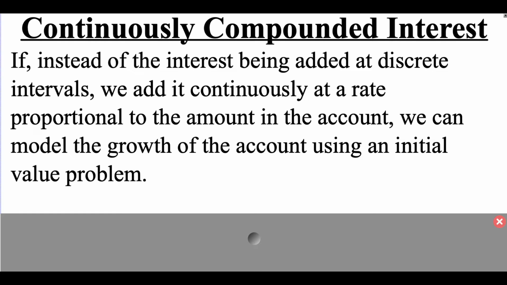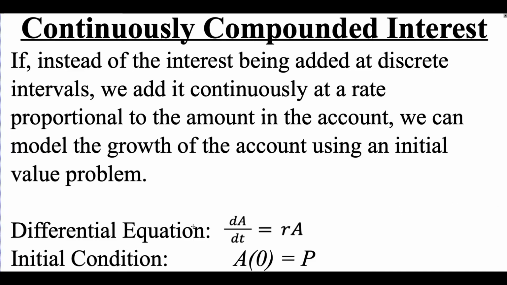But instead of the interest being added at discrete intervals, if we added it continuously at a rate that's proportional to the amount of money in the account, then we can model the growth of the account using an initial value problem. So we could use the differential equation dA/dt is equal to R times A, using the initial condition that A of 0 equals that P value amount.